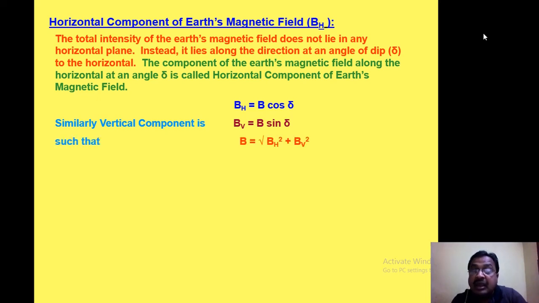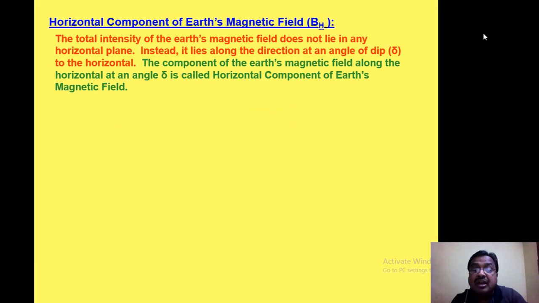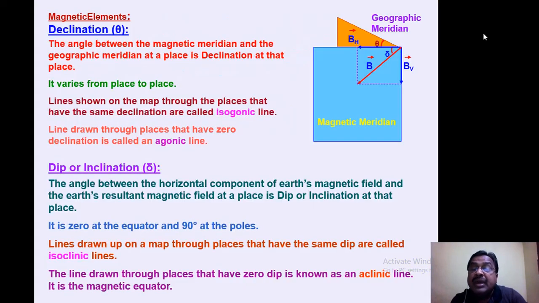Going back to the figure here, you may calculate BH and BV from the right angle triangle, and the value of the resultant B as per the parallelogram law of vector addition is the square root of BH square plus BV square.